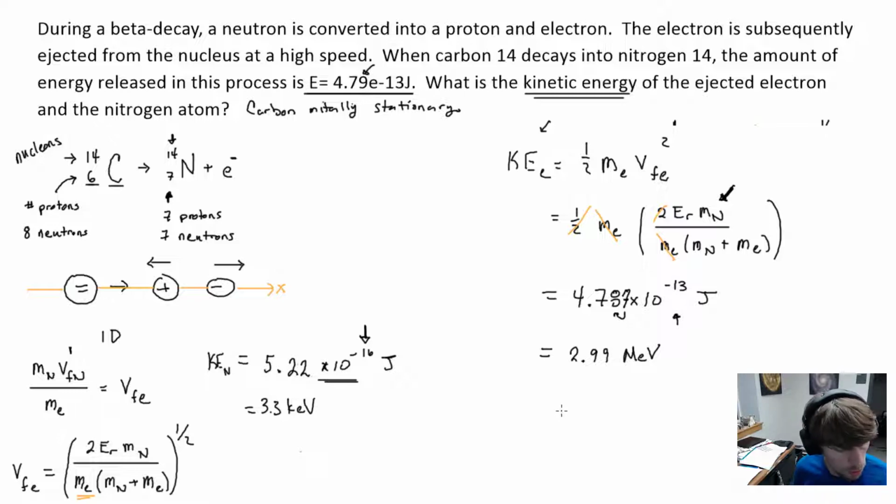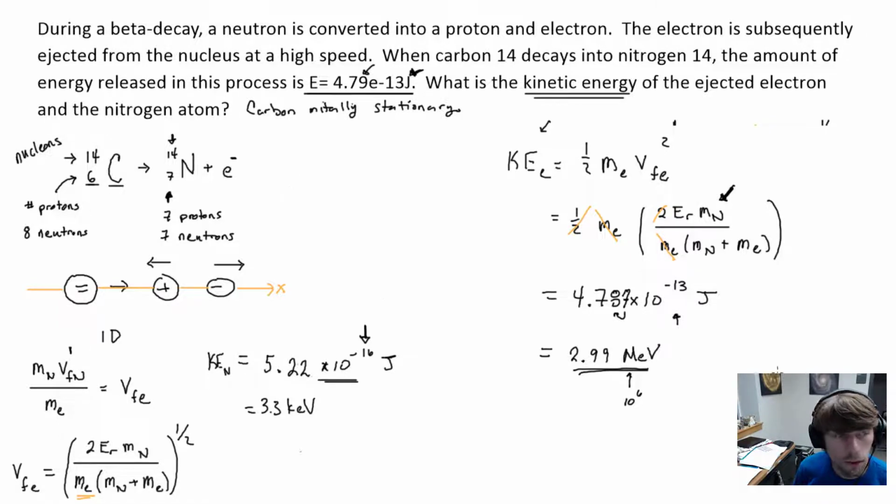In other words, 2.9 million electron volts. That's how much energy the electron has zipping off of this sucker. Of course, you can see that's how much energy was released practically in the first place.